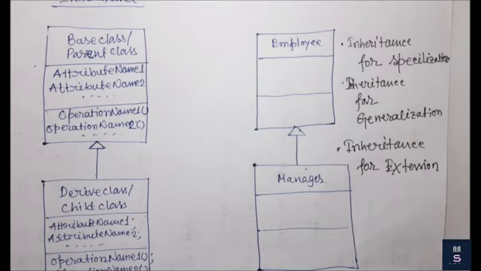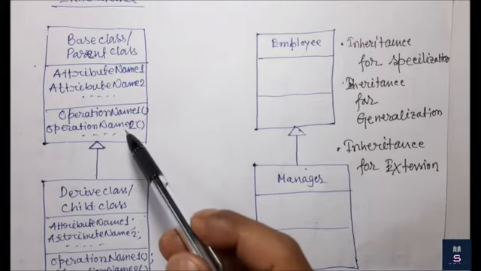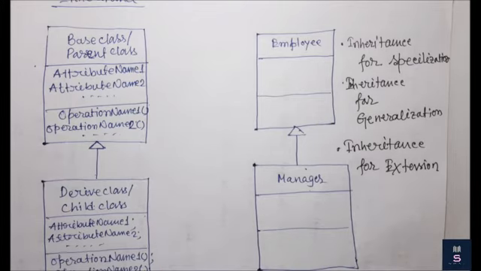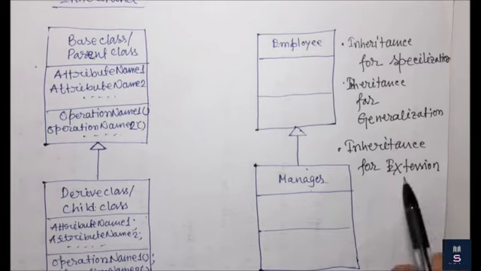Extension simply means adding a new method in my derived class. That is the only thing we have to remember. Whenever we talk about extension, in my derived class I add another functionality, and I also inherit all the properties of the base class.